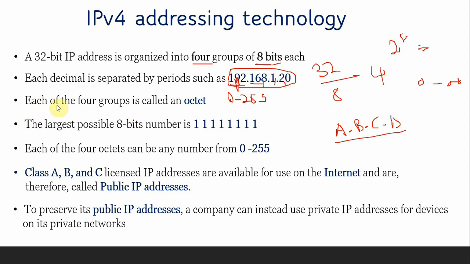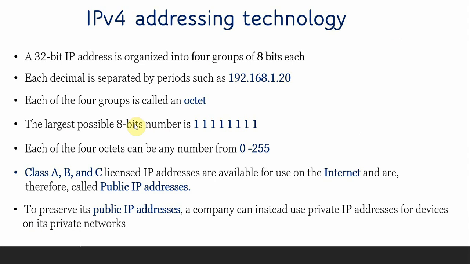So let's move to the next one. These 4 groups that we are talking about, let me wipe off the screen a bit, these 4 groups that we have here are called octets. So each of these is called an octet: octet 1, octet 2, octet 3, and octet 4.